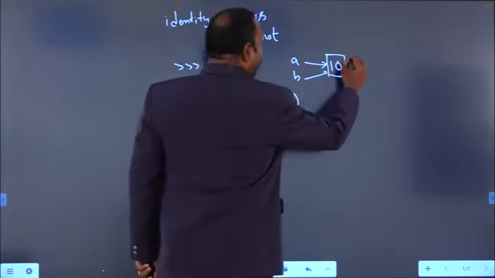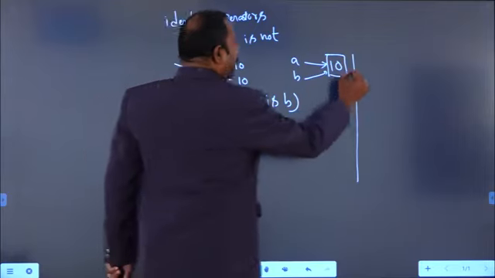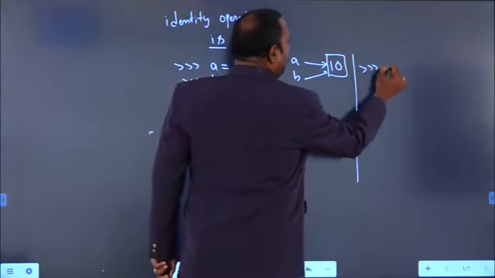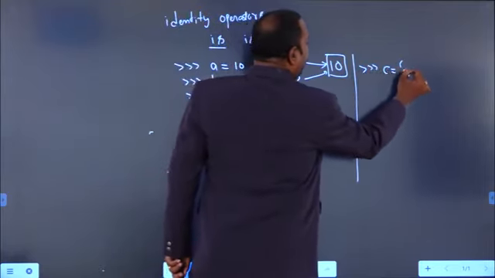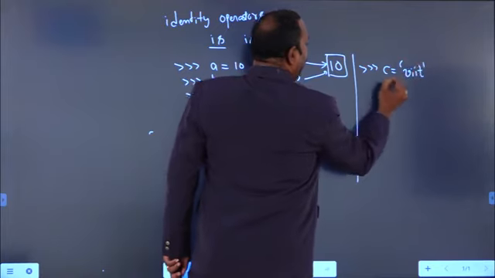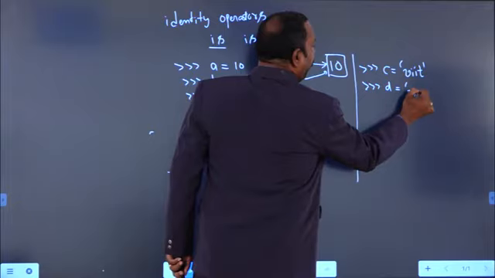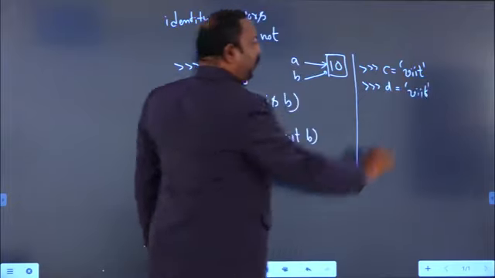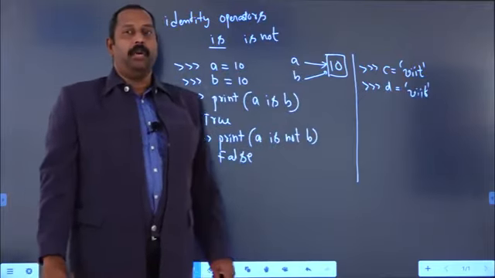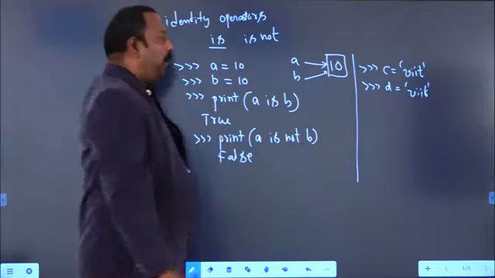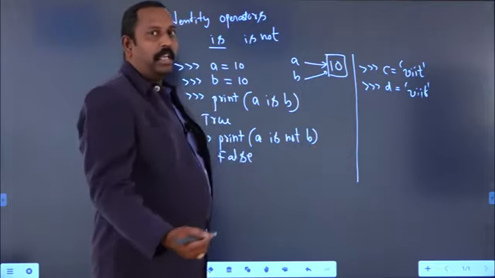When coming to another example, suppose I have written C equal to VAIT and D equal to VAIT. Now I want to compare whether both the addresses are equal or not.